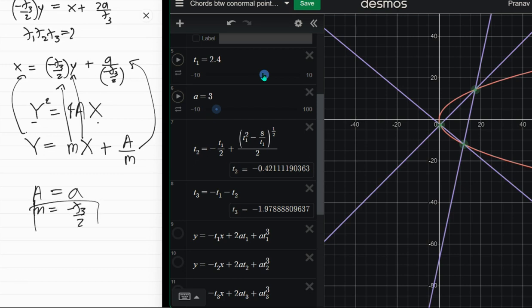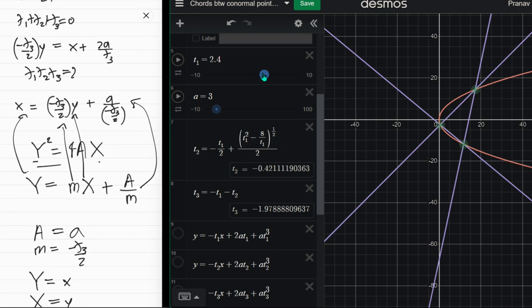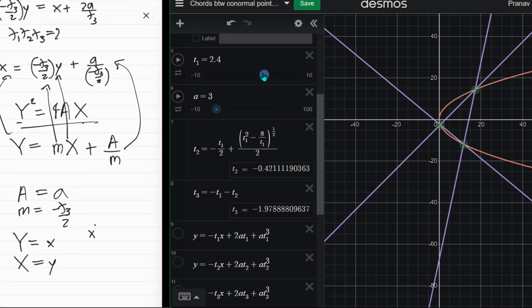That's not actually very important, because we just want capital Y, capital X, and capital A. Then we will know what parabola we are talking about. So capital Y is small x, and capital X is small y. So our parabola is just x squared equal to 4ay.